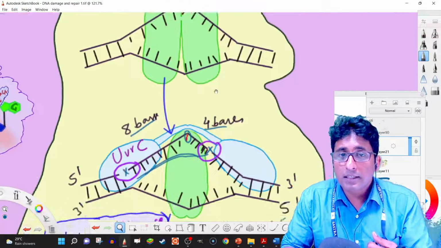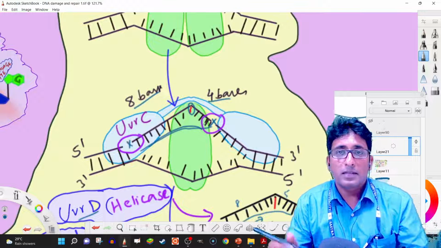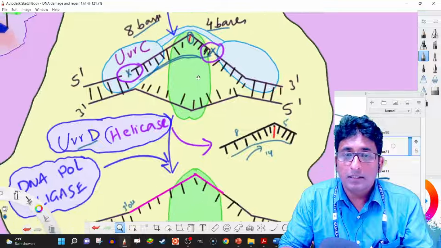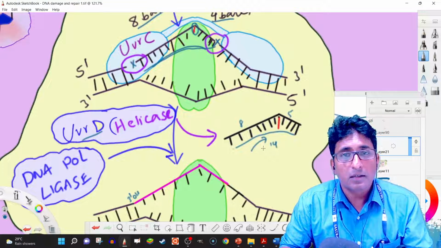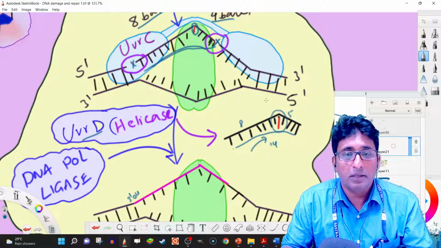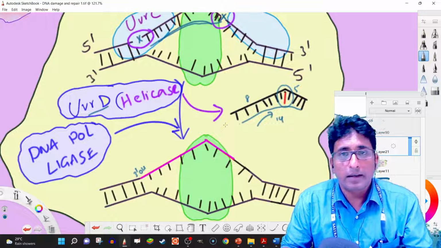And then UVRC is the endonuclease which makes nicks on the 5' side and 3' side of the distortion. And then UVRD, the helicase, eliminates the nucleotide which has the problematic base. And then filling up is done by, as usual, DNA polymerase and ligase.